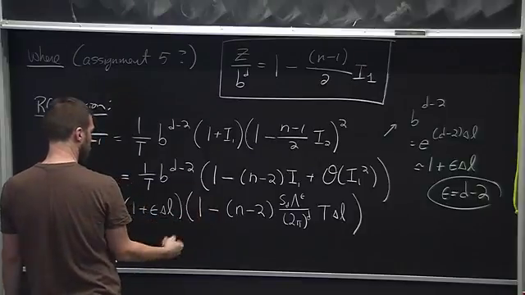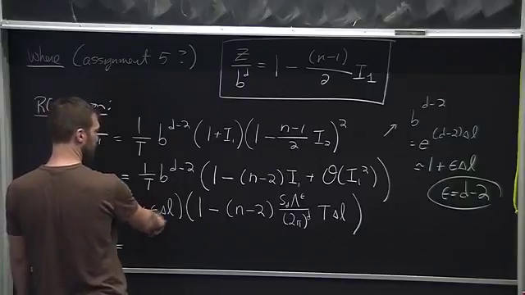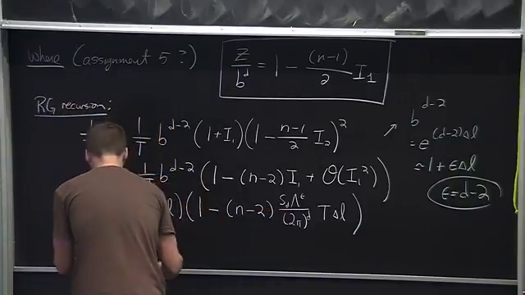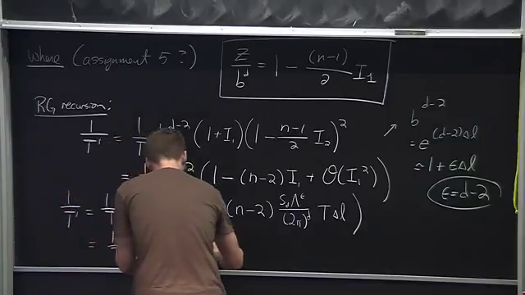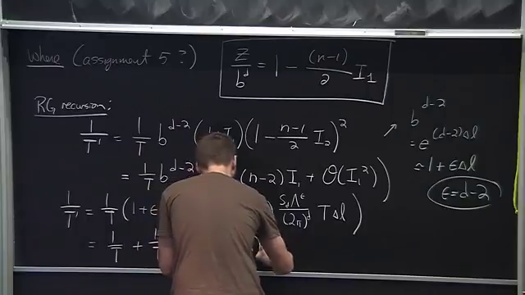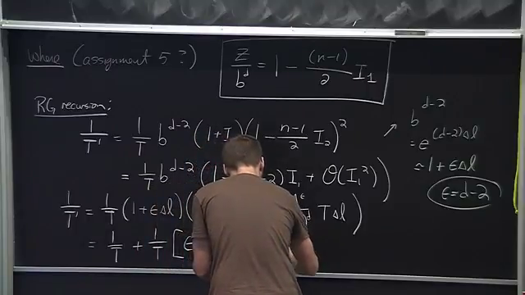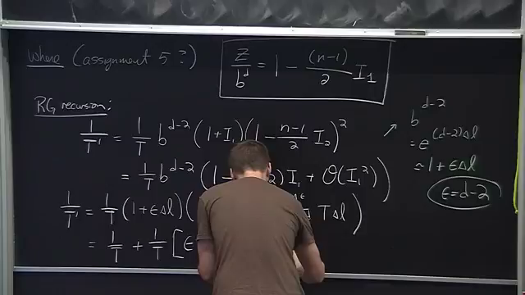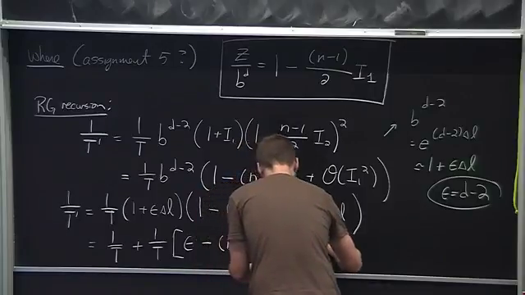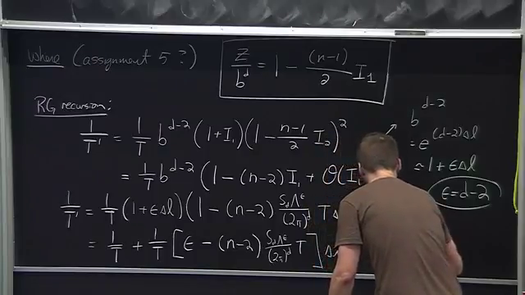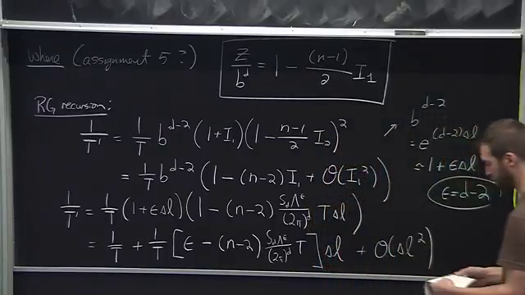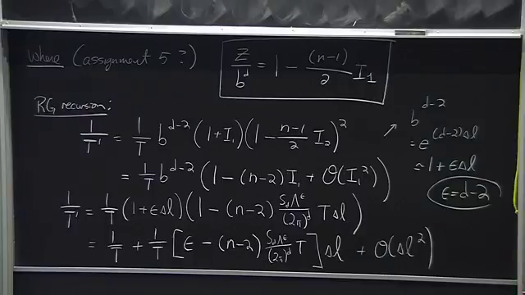Then let me only keep terms linear in epsilon and linear in delta L. The epsilon's no problem. And then delta L plus terms that are higher order in delta L. And just move over to this board.